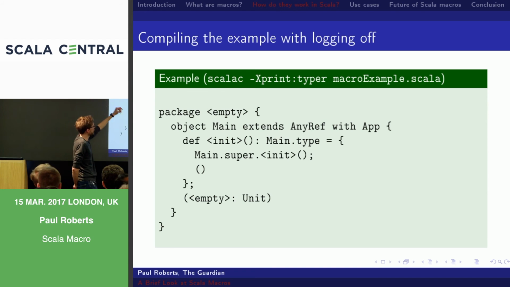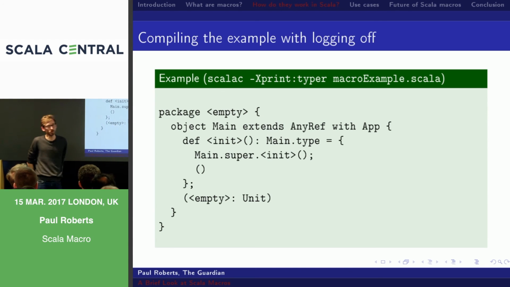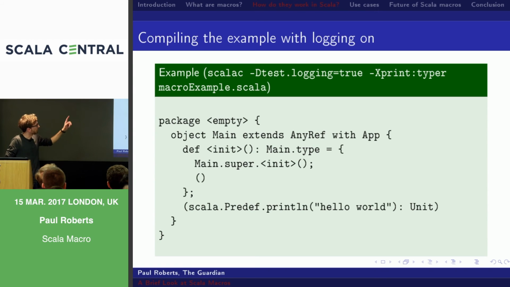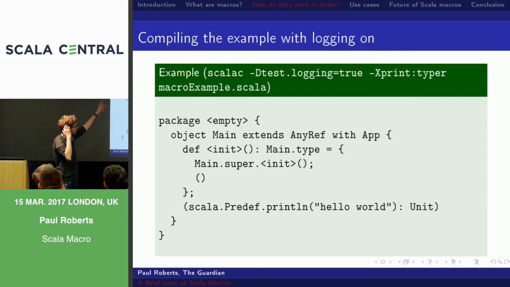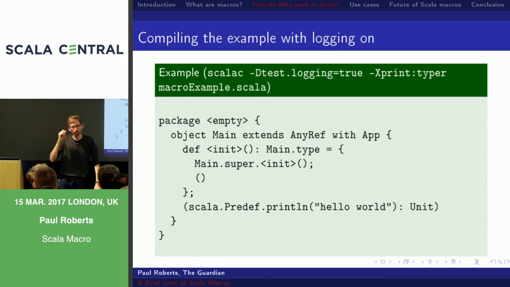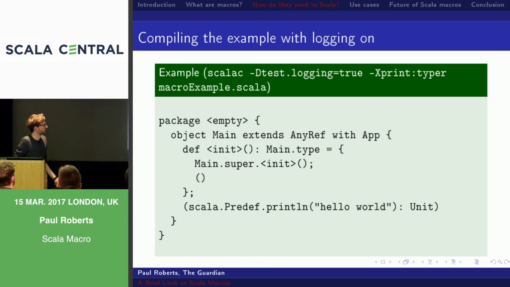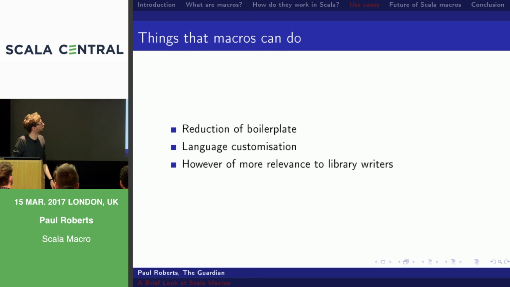We can see that when logging is not enabled, then we actually have no code at all in that method. Whereas when we enable logging, in this case just by enabling the system property at compile time, then the code that gets generated has that print statement in it. Obviously in this case it's really simple to determine whether logging is enabled, but you could do any kind of processing in the function at compile time to decide whether to enable it or not.